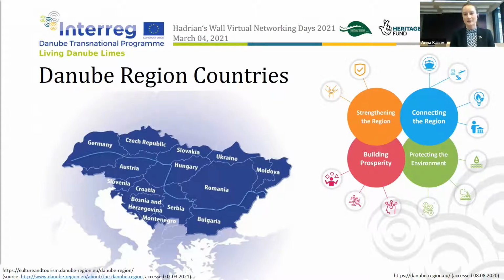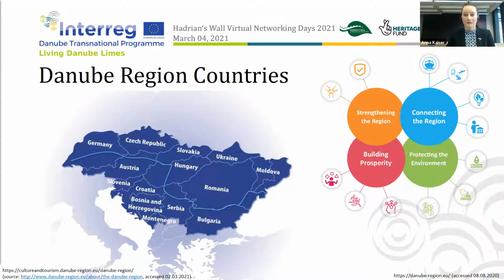And Interreg Danube Transnational Programme is a funding program for projects that try to bring that region together to foster closer cooperation and a sense of belonging together in one of the European macro regions.